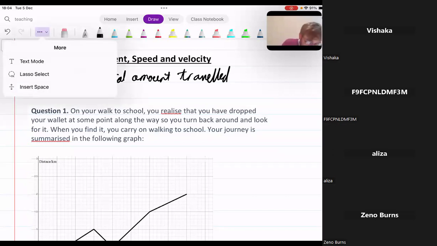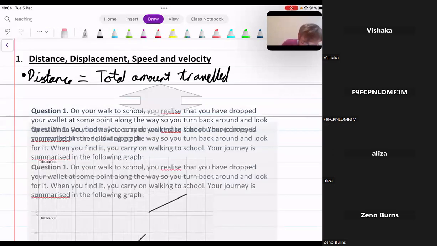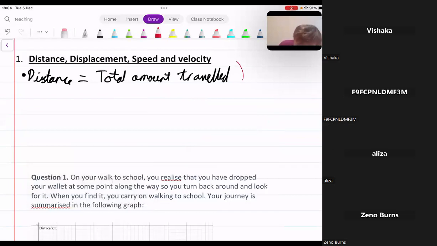So the direction doesn't matter, so this is a scalar. This is in contrast to displacement, which is a vector.